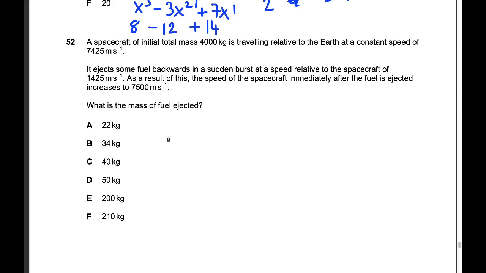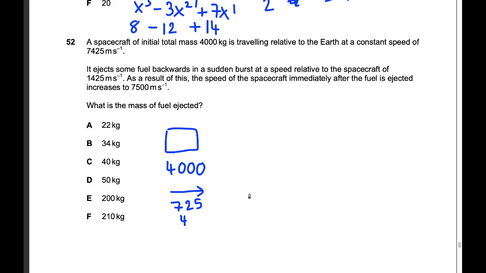Okay, so if I'm watching this, I know I start with a mass of 4,000 kilograms that is moving with a speed of 7,425. Sorry, there should be a 4 in there.